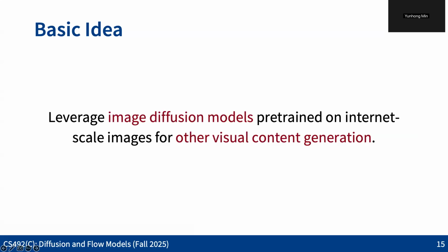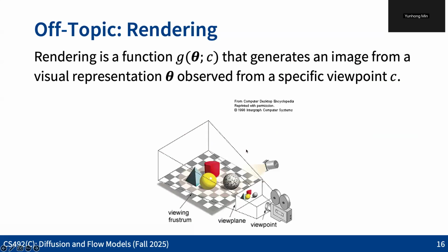So the problem setup here is that we assume we are making some kind of data that has a rendering function. Here, rendering means any predefined function that maps the data we want to generate into the form of an image. Let's say theta represents some visual content. It doesn't need to be visual, but given the pre-trained image diffusion model, let's say we want to make some visual representation of data, which can be mapped to images from a specific viewpoint.